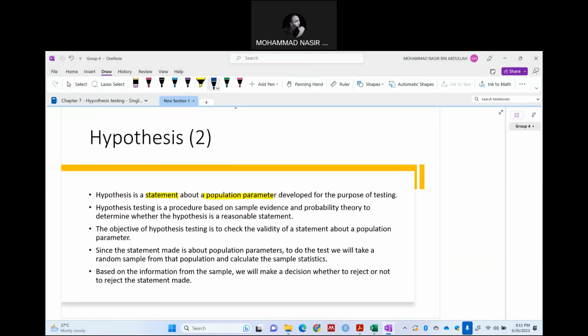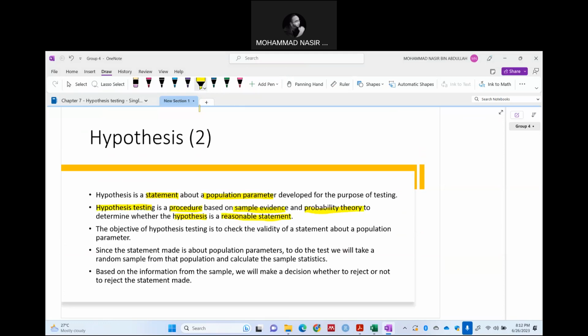We want to test whether the claim is true or not. We need to collect the data and prove it with a statistical test. Hypothesis testing is actually a procedure based on sample evidence and probability theory to determine whether the hypothesis is reasonable or not. So we're going to test whether the claim is true or not.